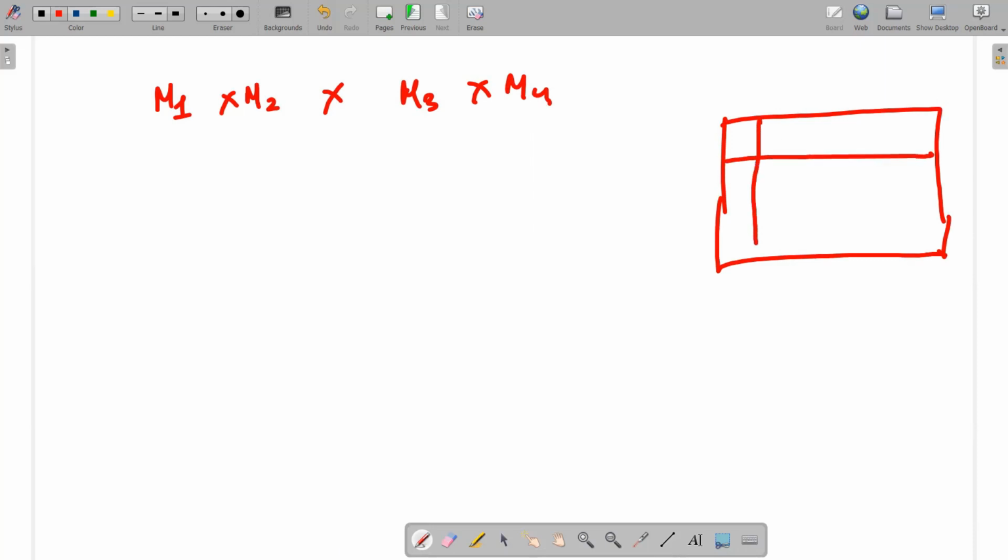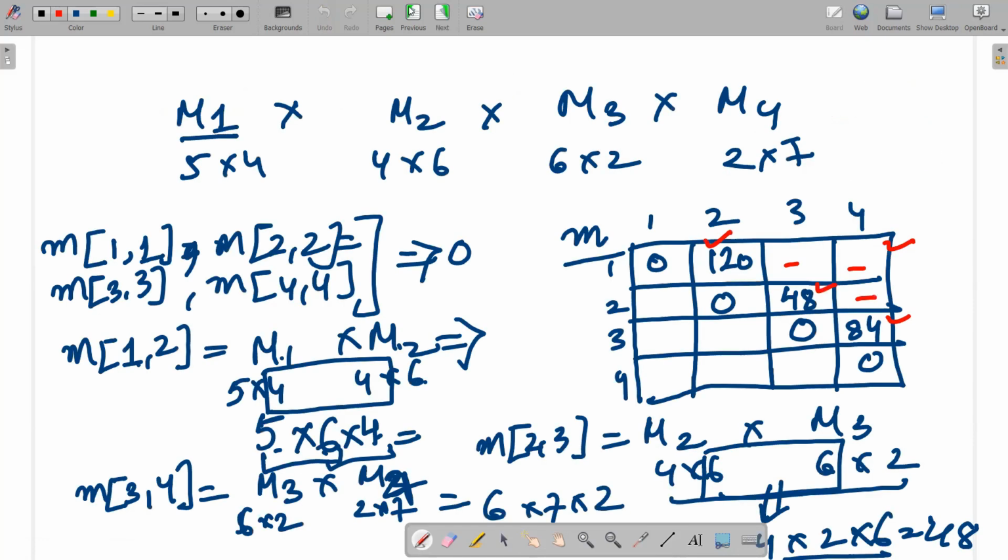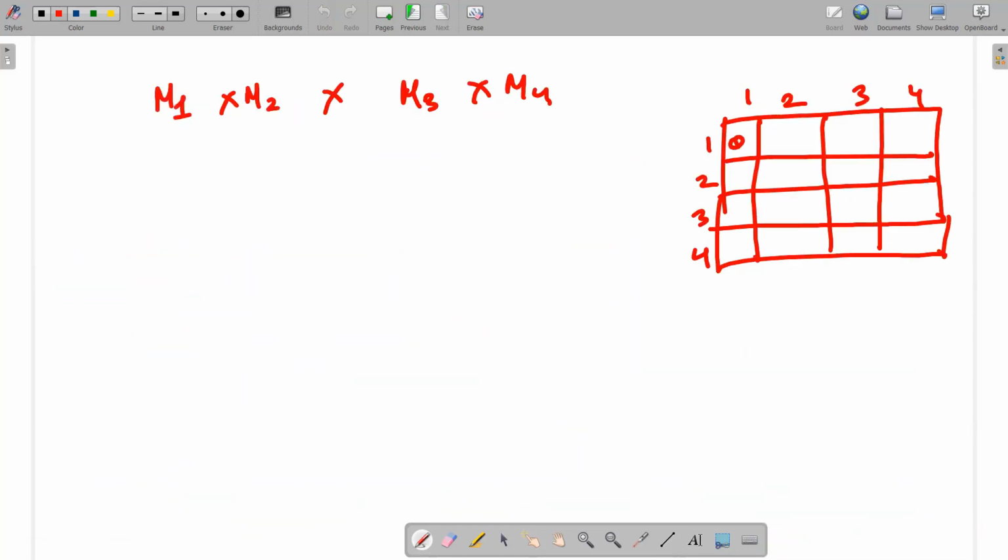We have got 1, 2, 3 and 4. We got 1, 2, 3 and 4. So over here, these are the answers that we got, and we had solutions with 5 cross 4, 4 cross 6, 6 cross 2, 2 cross 7.